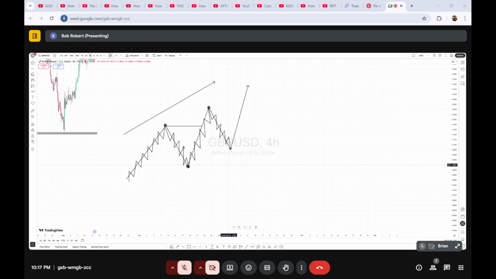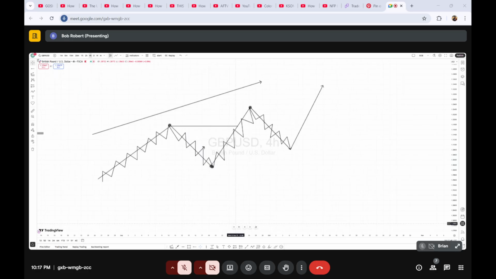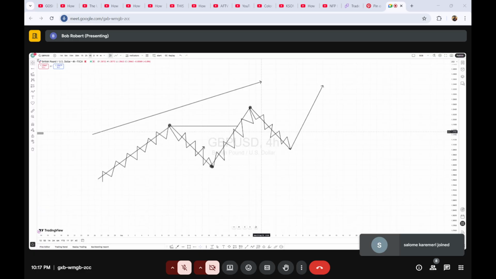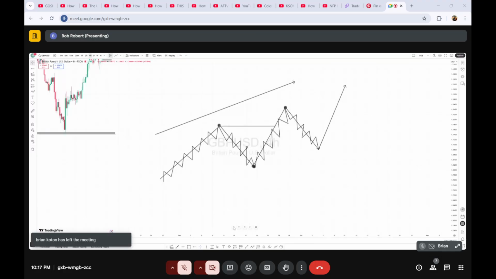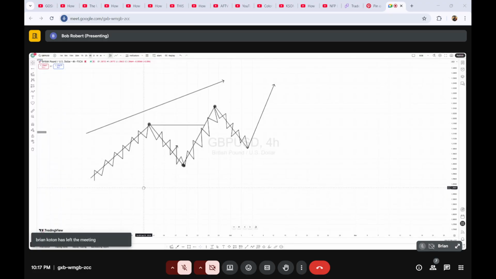It will always first give you a signal internally. You see here, change of character. Here, change of character, internal. So if you wait for the 4-hour change of character, you're going to wait for so long.